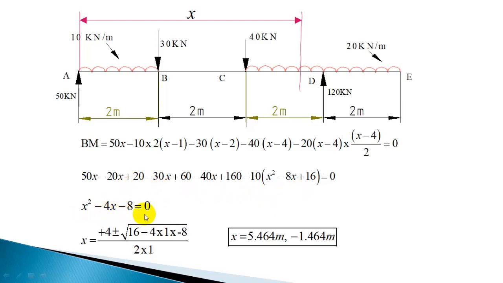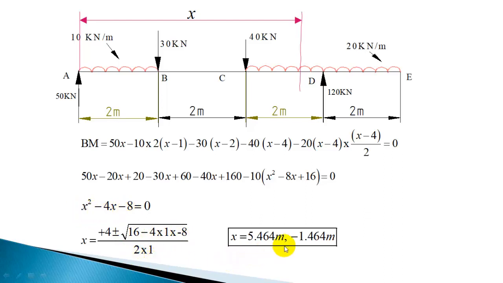So you can reduce this into a quadratic equation. Now you can find x as minus b plus or minus root of b square minus 4ac, where a is 1 and c is minus 8, divided by 2a.